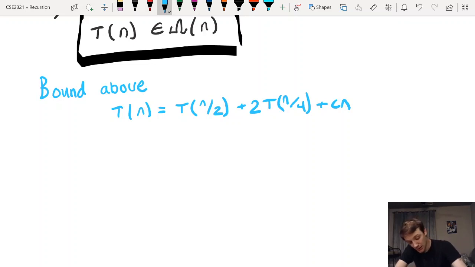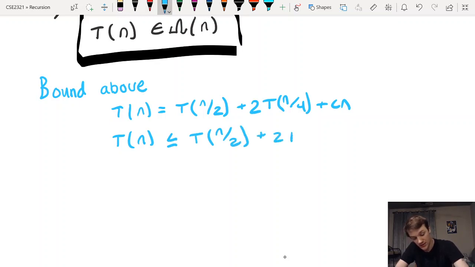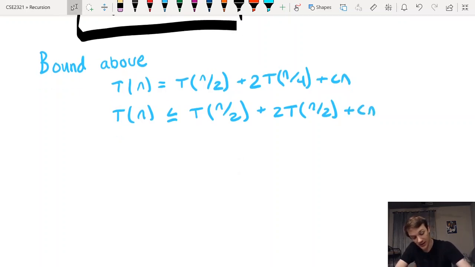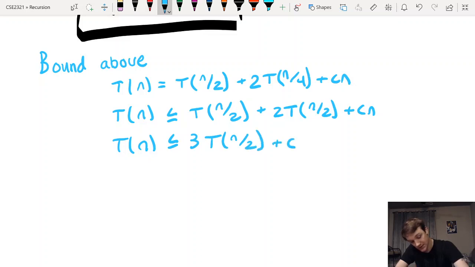We're going to bound it by replacing the smaller term, t of n over 4, with the larger term. T of n is less than or equal to, now, t of n over 2 plus 2 t of n over 2 plus cn. And now, let's combine all of our like terms, and we have t of n less than or equal to 3 t of n over 2 plus cn.